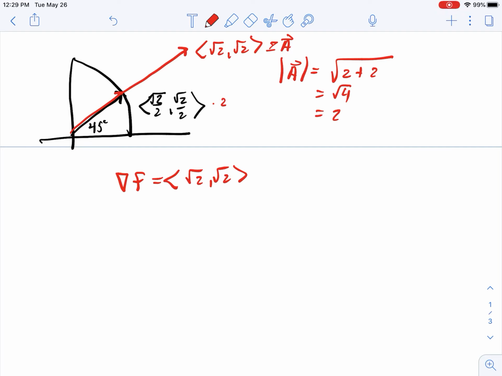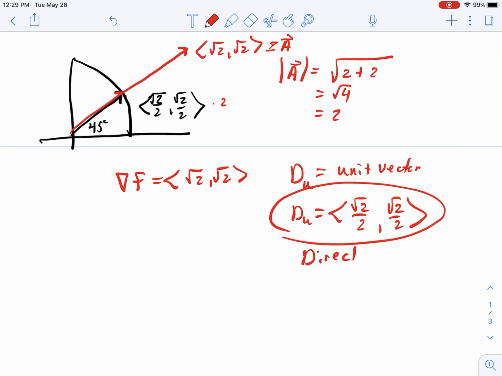Now, my directional derivative du is basically the unit vector. Well, what's my unit vector here? My unit vector is root 2 over 2 and root 2 over 2.